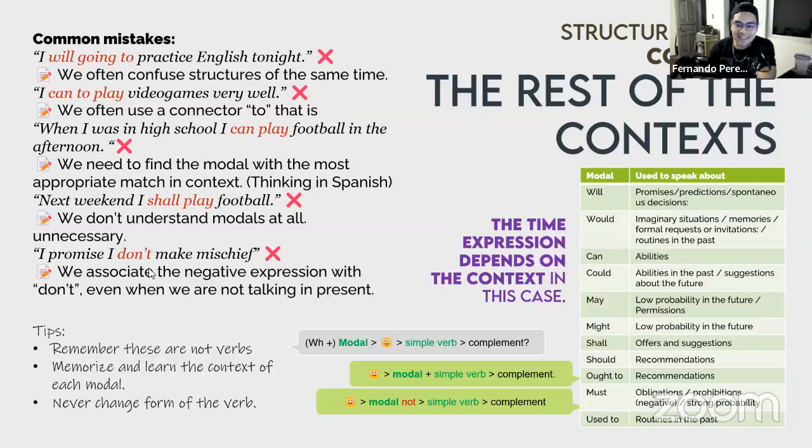Using don't in present, don't in past, don't with will, don't with could. You need to use the negatives, which is won't, wouldn't, cannot, could not, may not, might not, shall not, should not, ought not to, must not, and used not to. So it is not necessary to use don't all the time. The rest are important.